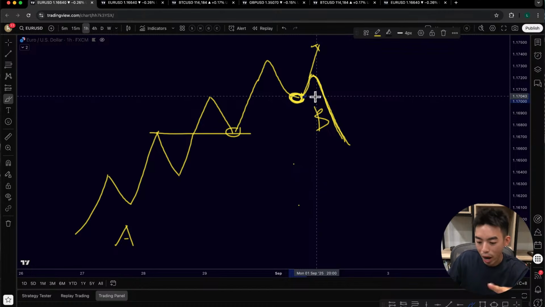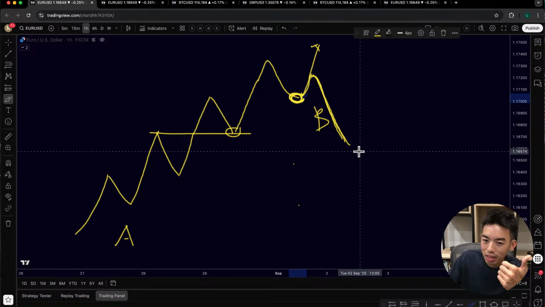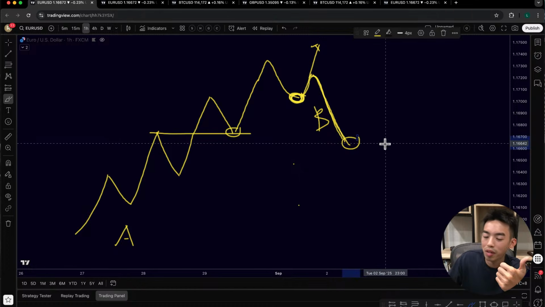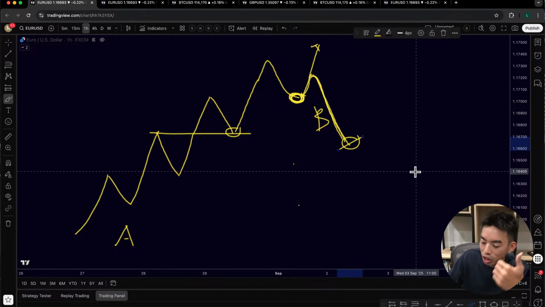When traders are trapped, there's two things they can do, okay? Number one, right around here, if they feel that they are on the back foot, if they feel their trade is wrong, they would just take a loss, getting out at a loss right here. That's option number one.